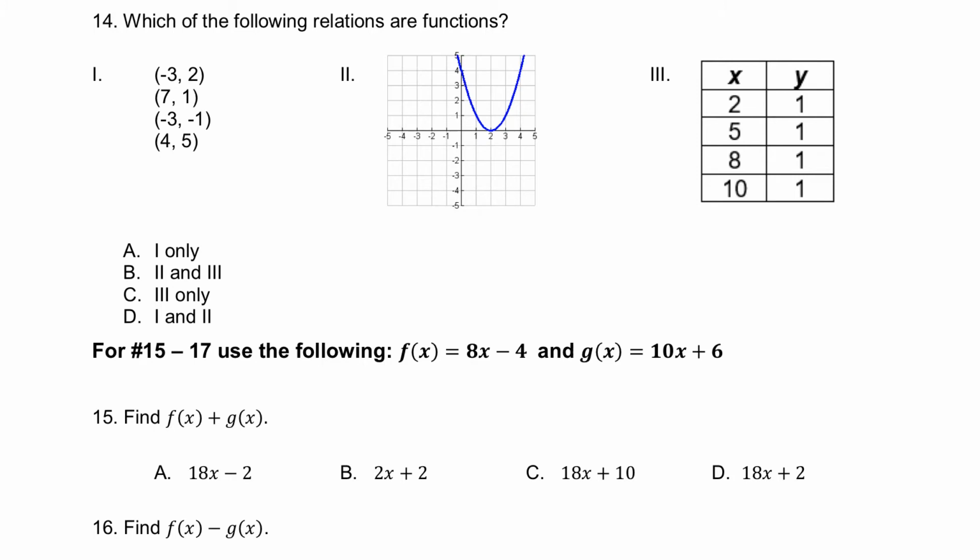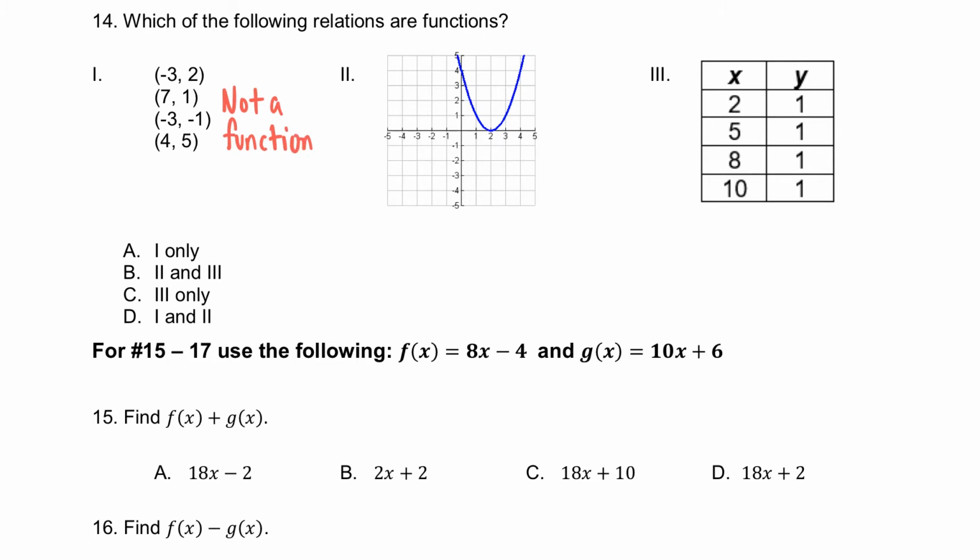If that happens, then it's not a function. Okay, so let's look through. Do we have any other -3? We have a -3 that goes to a -1. See how you have an input -3 that goes to different outputs? This is not a function here, not a function.